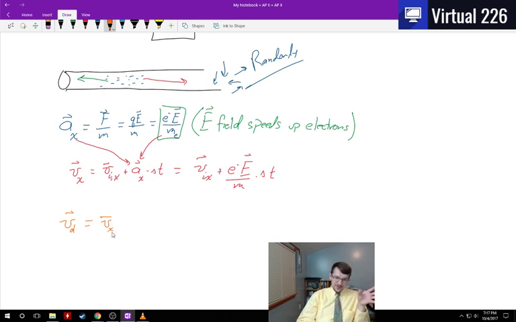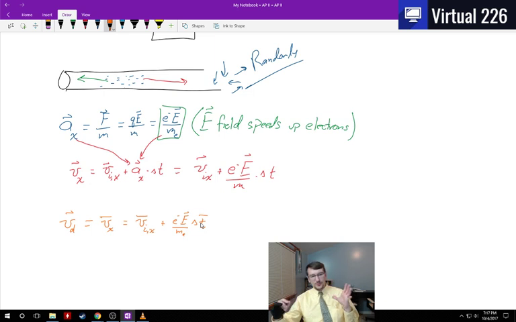That average x velocity is equal to the average initial velocity in the x direction that these electrons will have plus the acceleration that they feel and the average amount of time that they feel this acceleration.